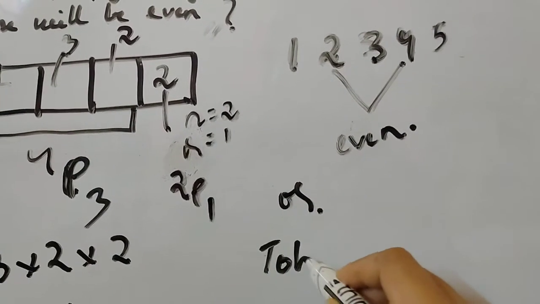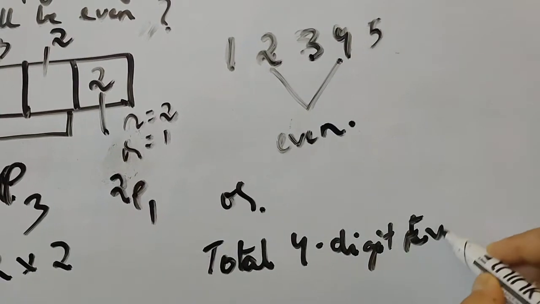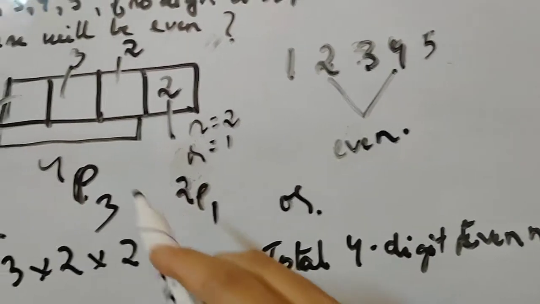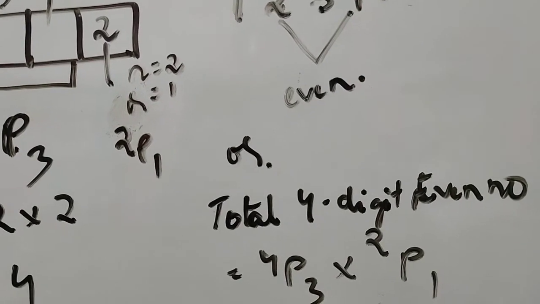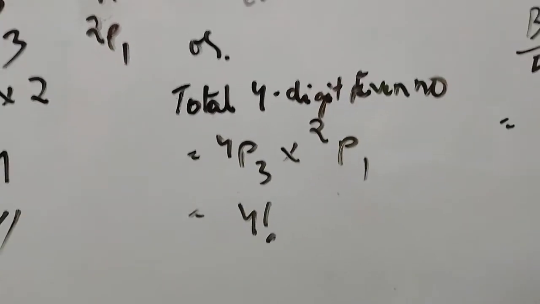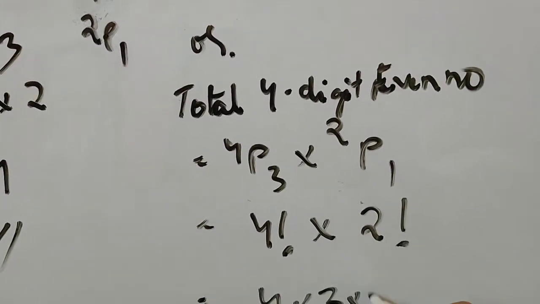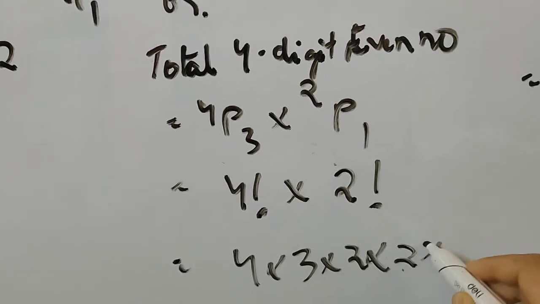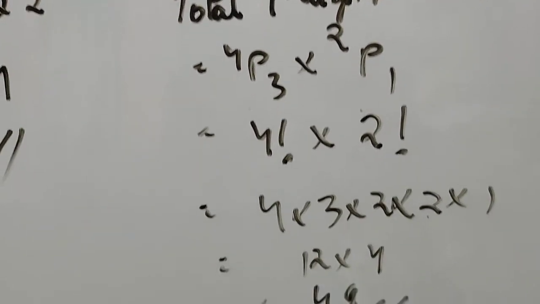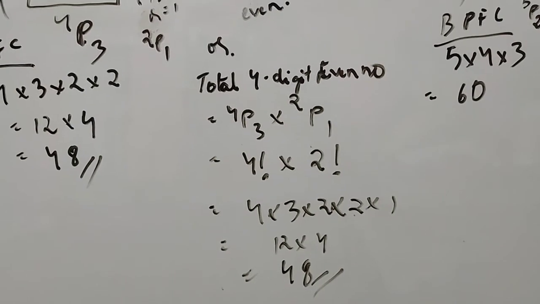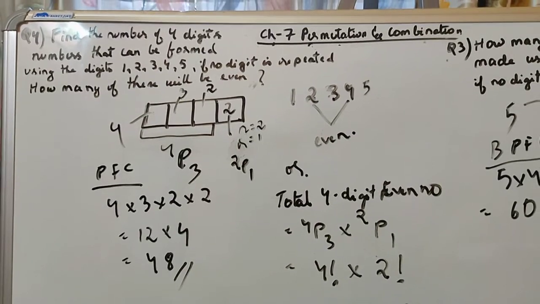My total 4-digit even numbers will be 4P3 multiplied by 2P1. 4 factorial over (4 minus 3) factorial, that is 1 factorial, so I will not write it, into 2 factorial over 1 factorial. 4 into 3 into 2, 2 factorial you break, 2 into 1, 12 into 4, the answer you will get is the same, that is 48, using the permutation formula. So I hope this one is clear to you.